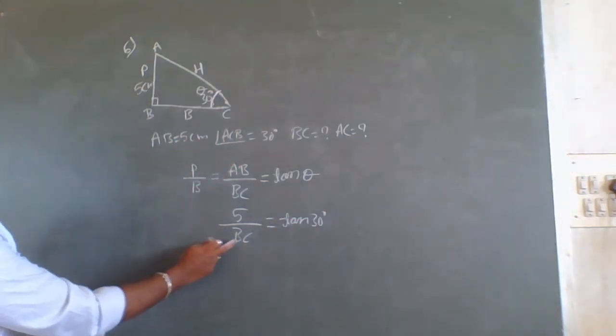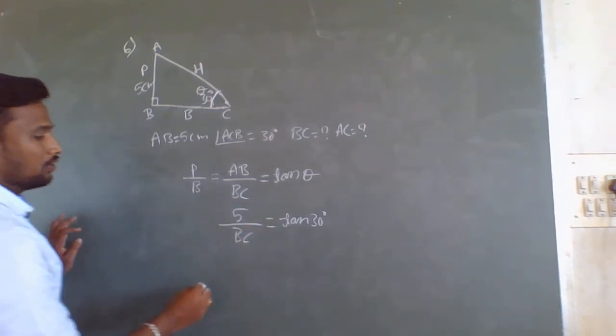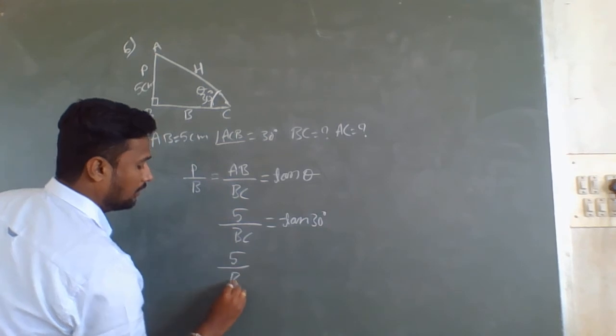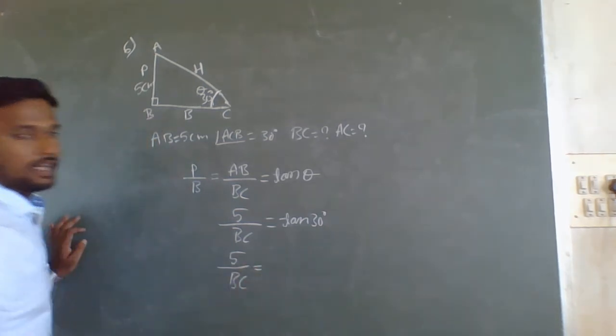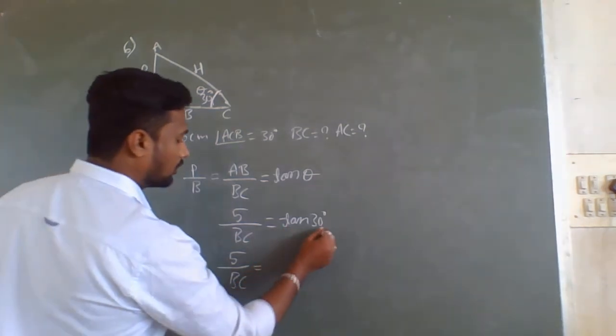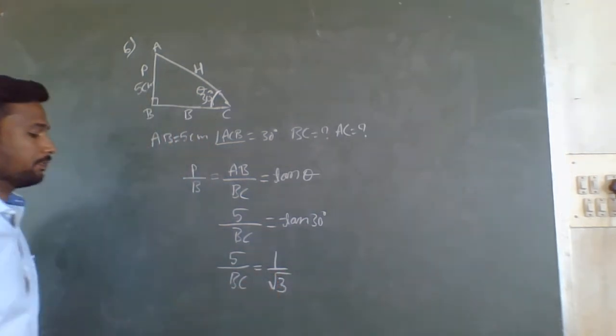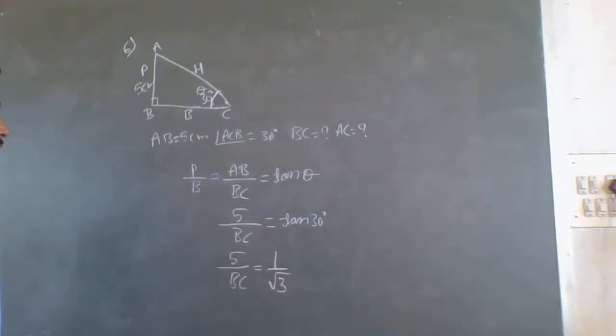So 5 by BC equals tan 30. You can check it in the table. Try to remember those values. Tan 30 value, what will you get? 1 by root 3. So in the place of tan 30, I will write 1 by root 3, because tan 30 value is 1 by root 3.